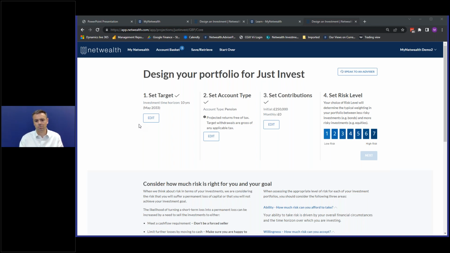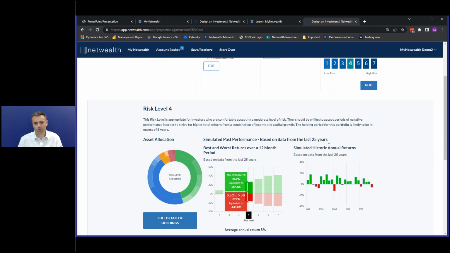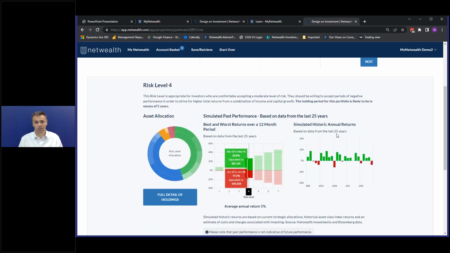So perhaps, Matt, if you think about how we can go through and look at a particular risk level on a given portfolio. The system will help you understand the types of exposures that sit behind a given risk level.